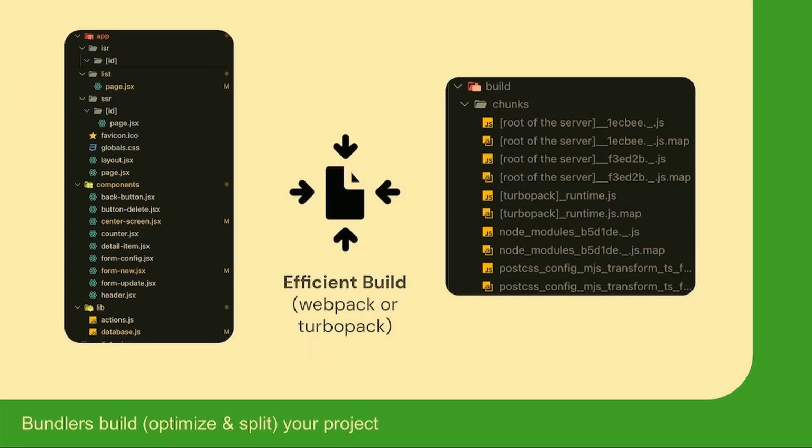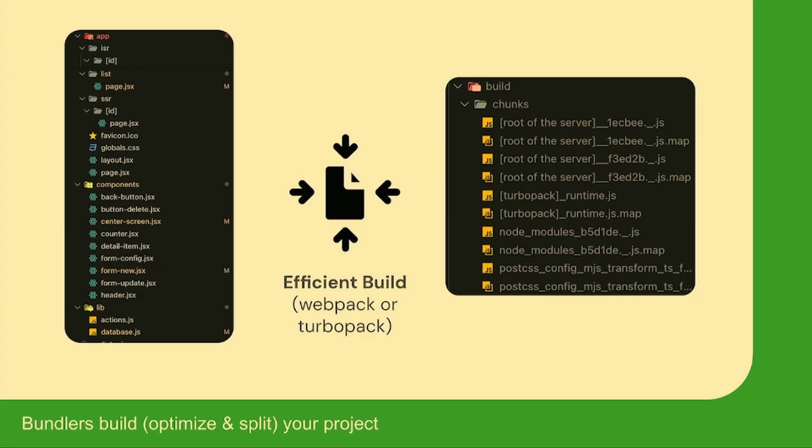Also, Next.js has a very efficient build process. It was based on Webpack. Other frameworks now use mostly Vite. This is kind of a custom way of building the project, because since it's a full stack framework, you can have client-side bundles, but also server-side bundles.